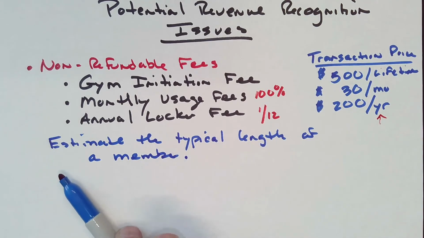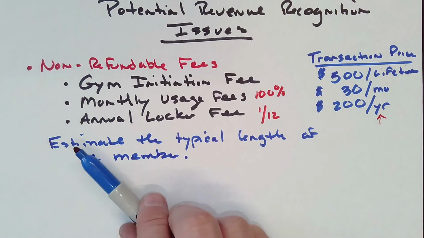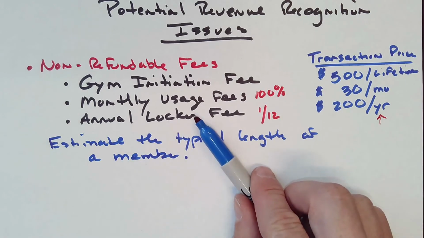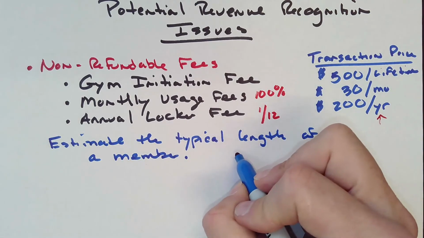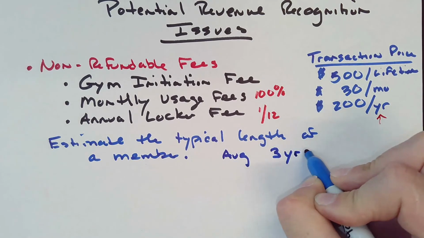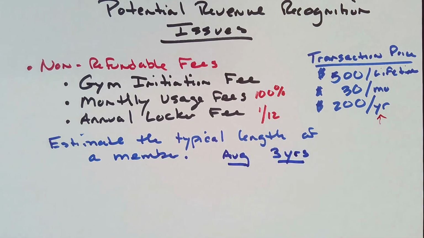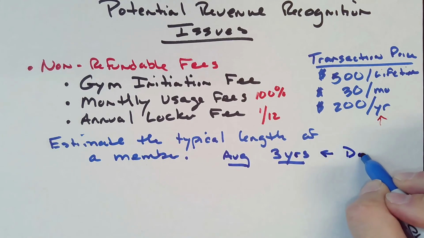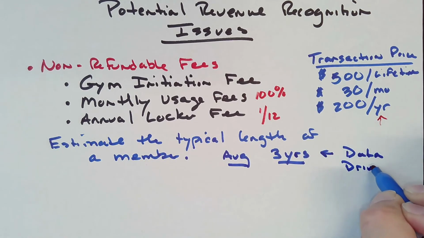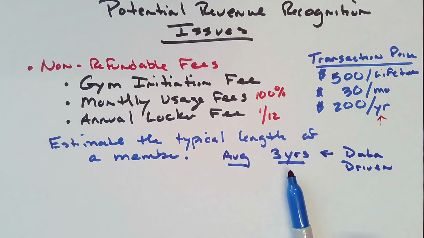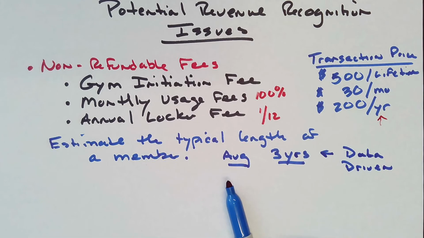So maybe I've been doing this for years, and people who sign up for gym memberships, on average, will keep their gym membership for maybe 3 years. On average, and I have data to support this. This is data driven. Then this $500, I'm going to recognize over the life of the member as a member.